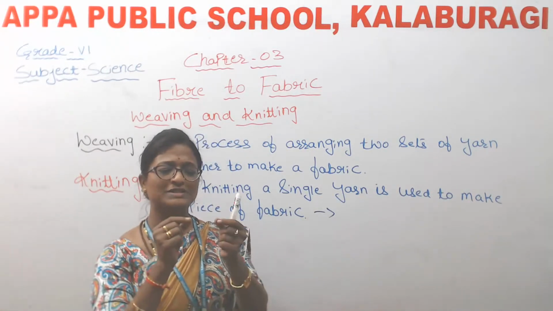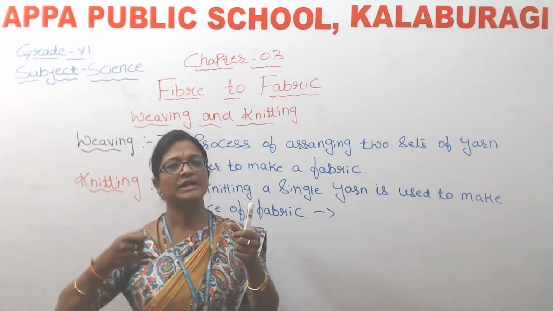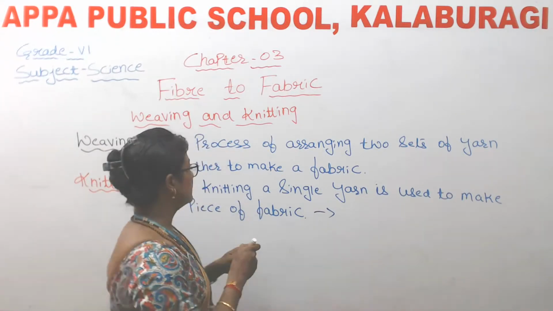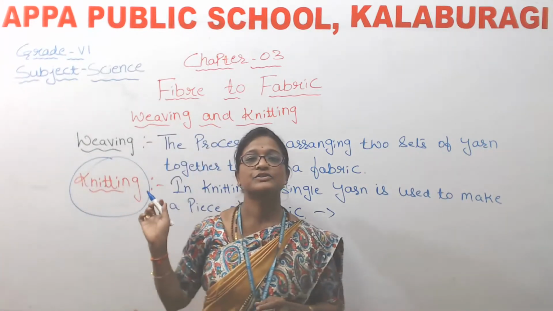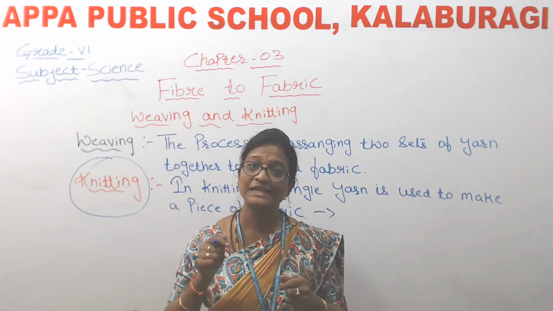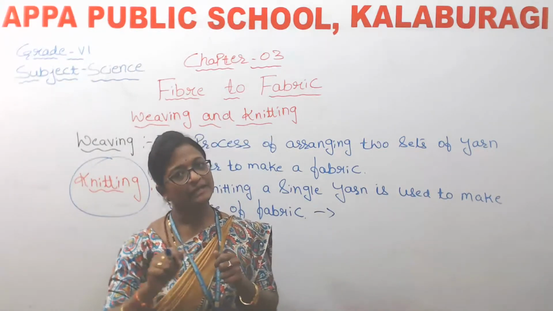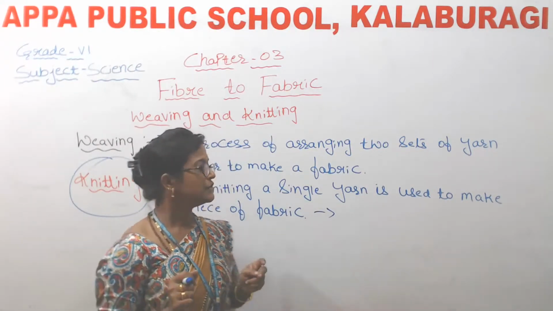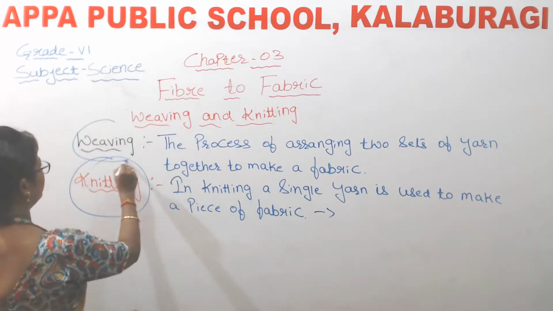Just drag one yarn from that cloth and it goes on coming out, isn't it? Because they are made by the process of knitting. They are made using a single yarn, so when we try to drag the yarn, it goes on coming. So this is all about knitting and weaving.